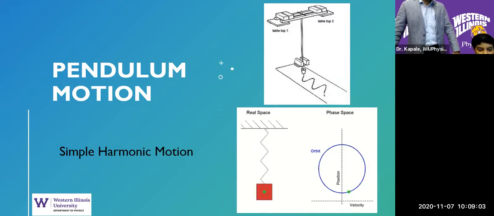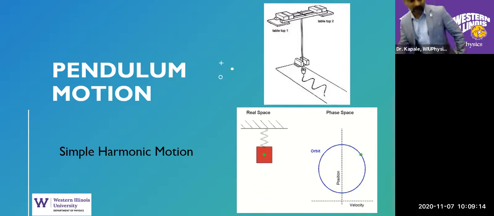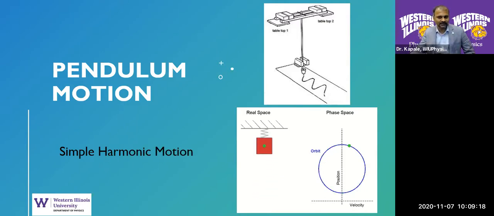At the top, the speed is 0, because it's just about getting ready to reverse its direction. So there is a variation in the position as well as the speed, and if you plot a graph of that, it gives you the circular picture that you see over there.